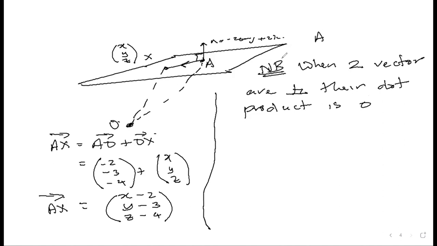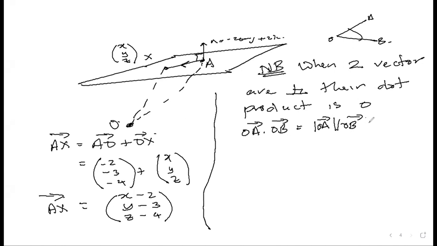If we were to find the angle between two vectors, let us say this is OA and this is OB, then OA dot OB is equal to the length of OA, length of OB, cos theta.